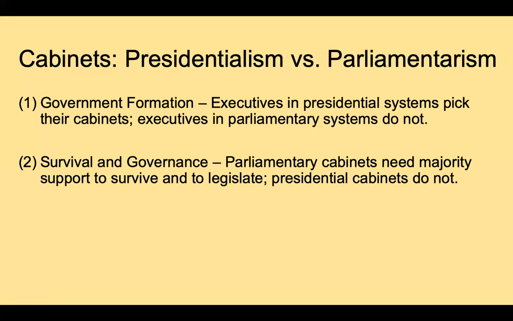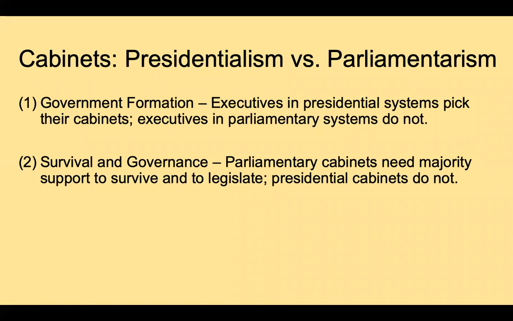The second dimension relates to the survival and governance of the government. And in this dimension, parliamentary cabinets need majority support both to survive and to legislate. Presidential cabinets, on the other hand, do not. Presidents do need legislative support to legislate, but their survival is not contingent upon retaining that legislative majority.